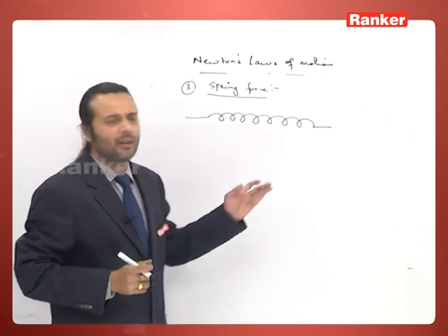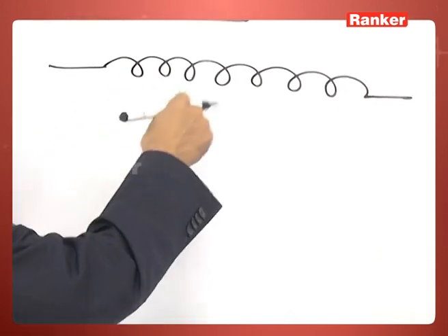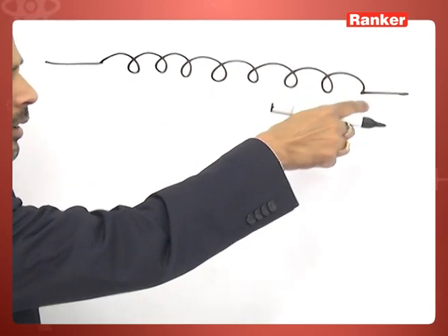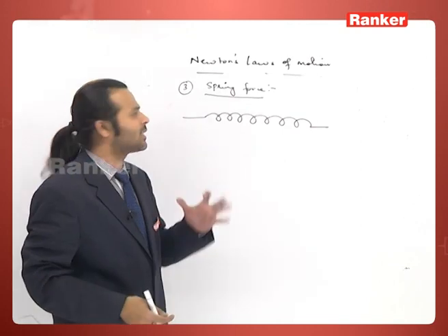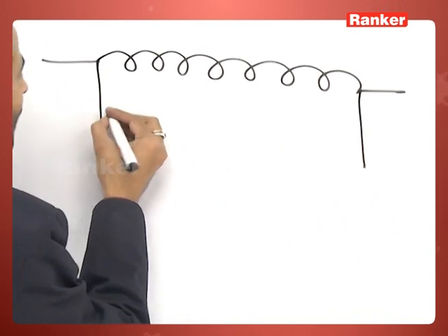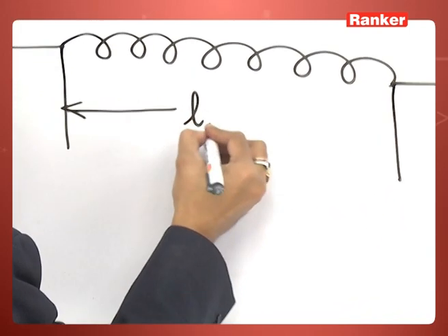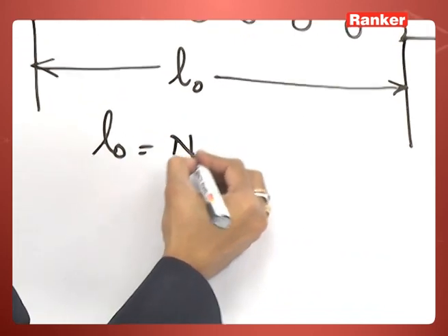This is a spring, where a metallic wire is coiled in many ways. Now, what does this spring have? The spring has its natural length, which is said to be L naught. L naught is named the natural length.